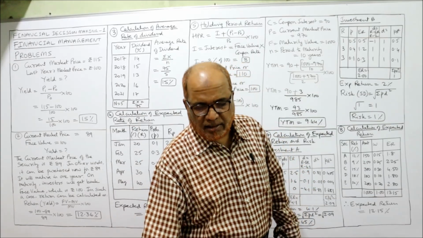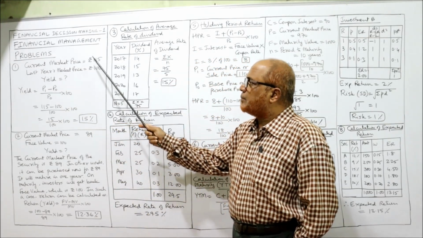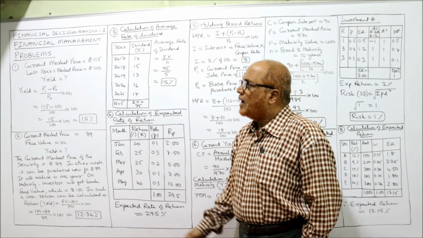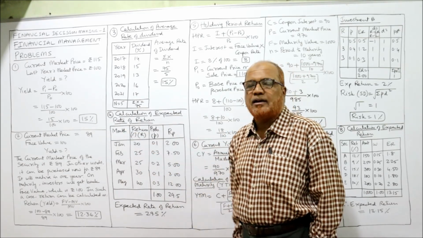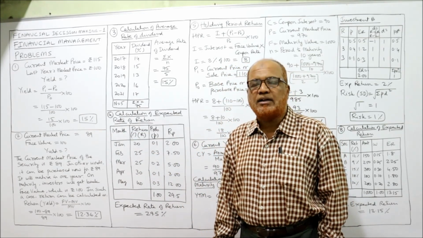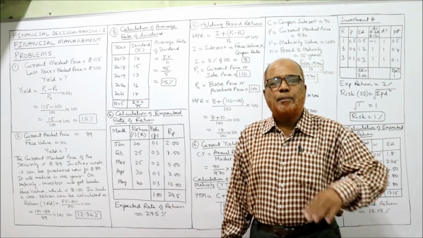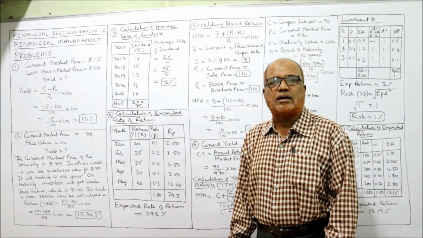So how to calculate the return? It is a very simple, easy problem. Current market price is rupees 115 and last year's market price was 100. We have to find the yield. The formula for yield is (P1 minus P0) divided by P0 into 100.